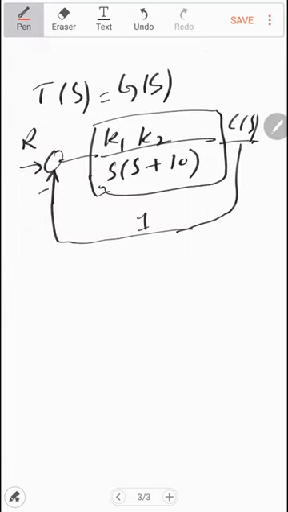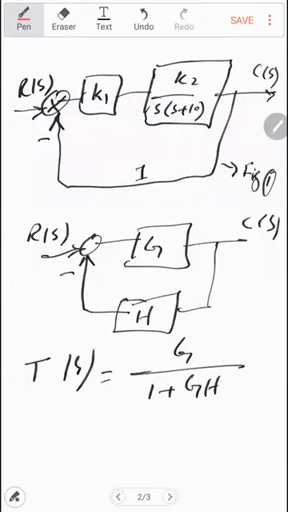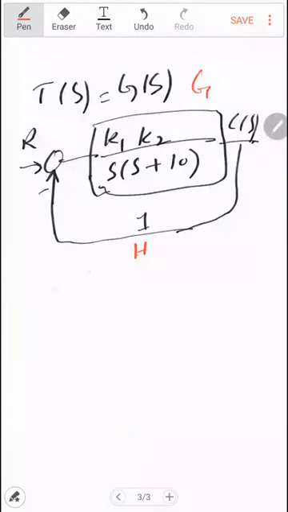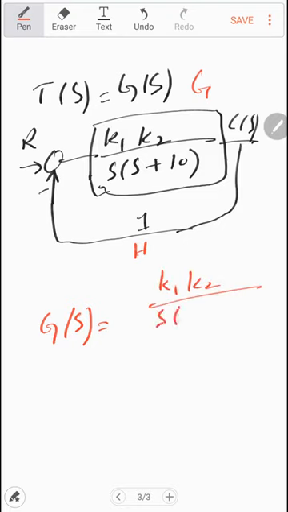If we compare this with the previous figure, this is H, this is G. So the closed loop transfer function will become equal to G divided by 1 plus GH. Here the closed loop transfer function T(S) will become equal to G, which is K1, K2 times S over S plus 10, divided by 1 plus GH.